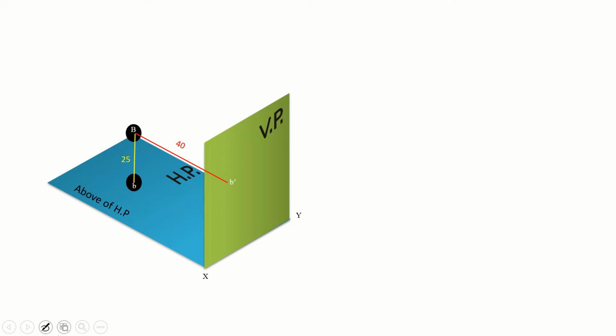First I get the top view, and then the front view. As usual I tilt the HP so that I get the drawing in a single plane, which is easy to draw on an A3 or A2 sheet.